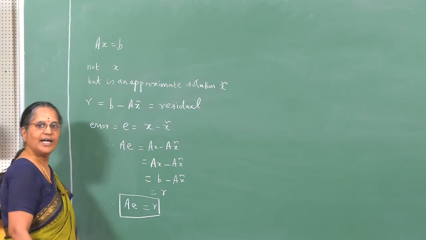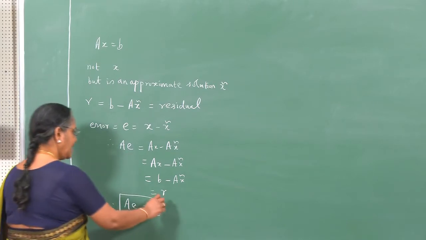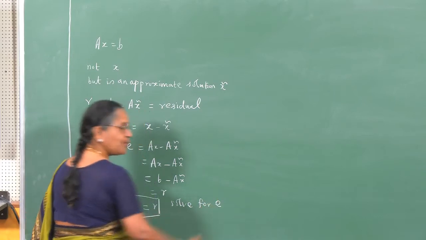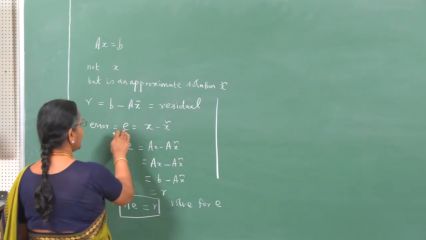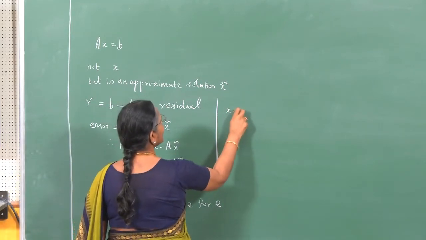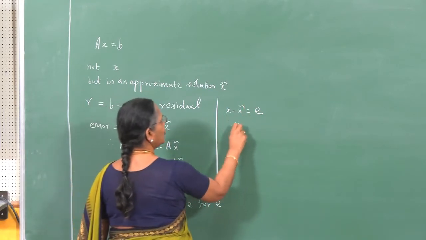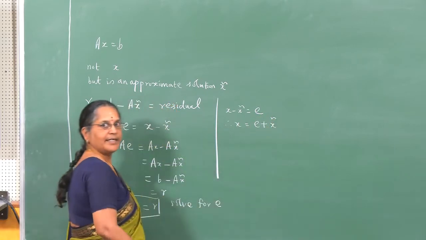How do we solve? Again by any of the direct methods that we have learnt, and obtain this error vector E. Once we have E, then we use the fact that the error is x minus x tilde. So, x minus x tilde is going to be the E that we have computed, and therefore, x is equal to E plus x tilde. Right.